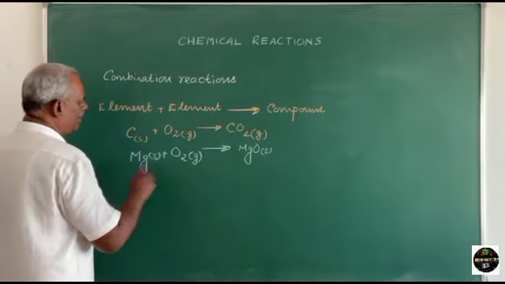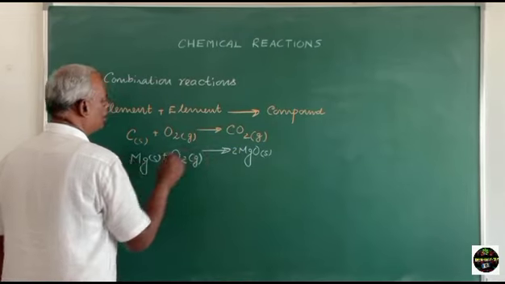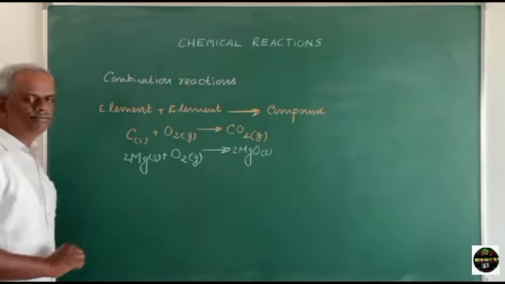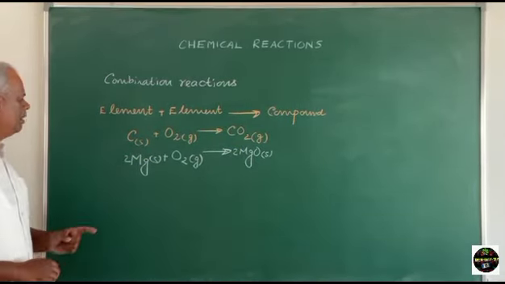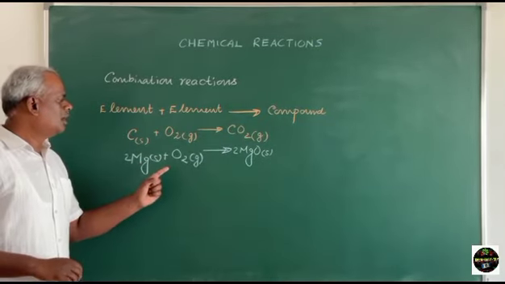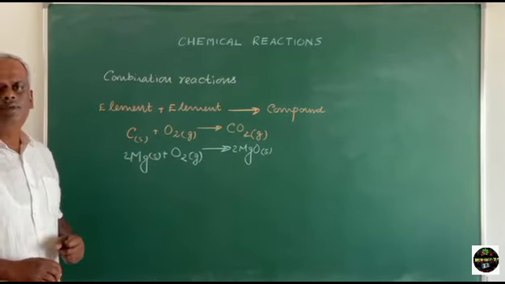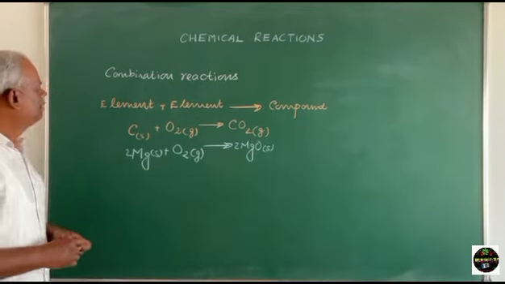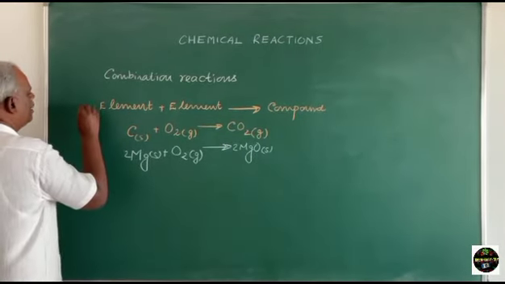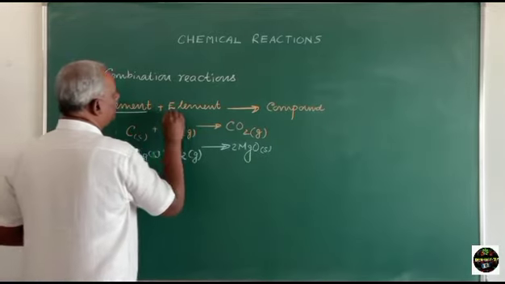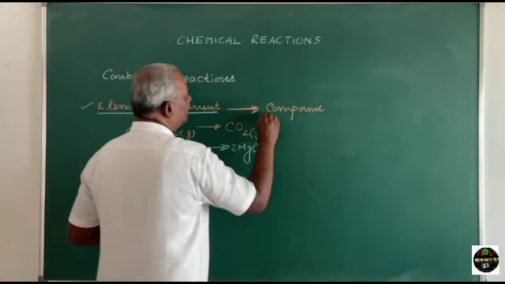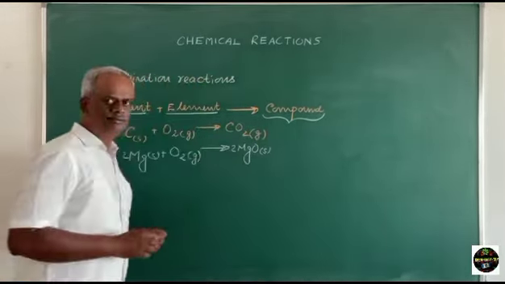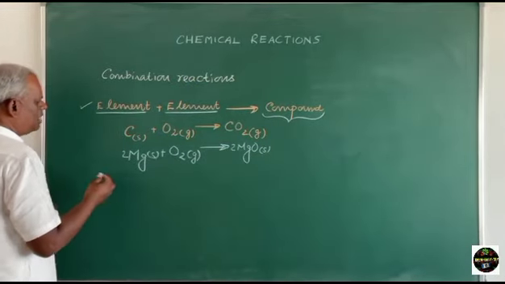And we can have the balanced form of the equation as follows. So magnesium combines with oxygen to form magnesium oxide. That is also an example of a combination reaction. In the combination reaction, category 1, an element combines with an element to form a compound, and we can take any kind of element.